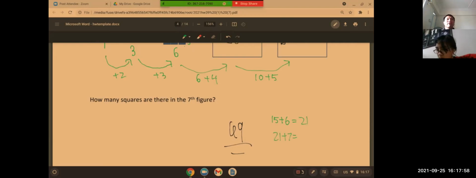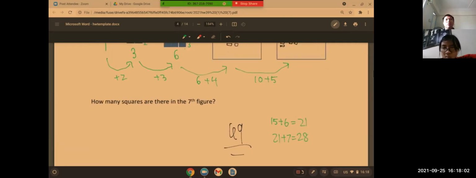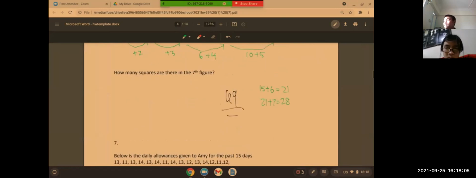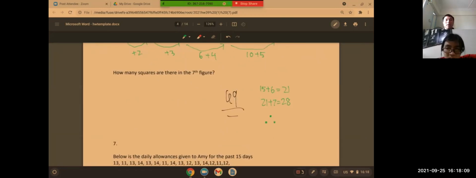Actually, can you draw the 7 figure out or not? Once you draw the 7 figure out, you just count. That's also one way. Use dot, yes.